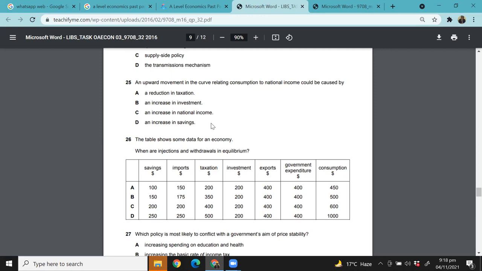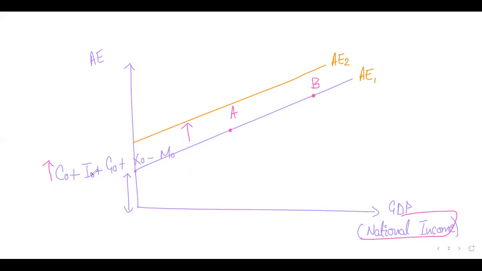Interesting. But then if we go by that argument, B should also be correct because that is increased investment. And we know whenever there is higher investment, there will be an increase in investment, which means the curve shifts upwards.